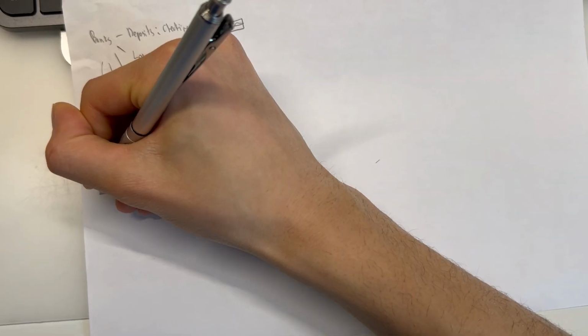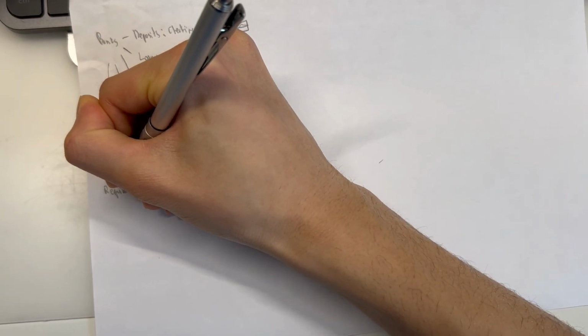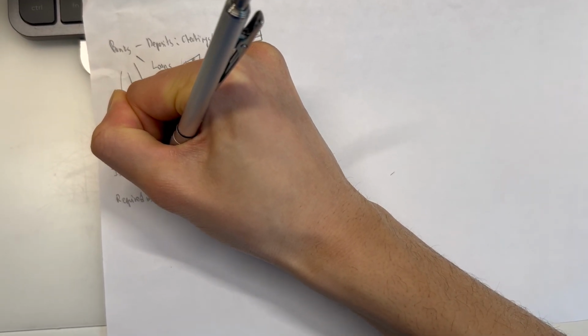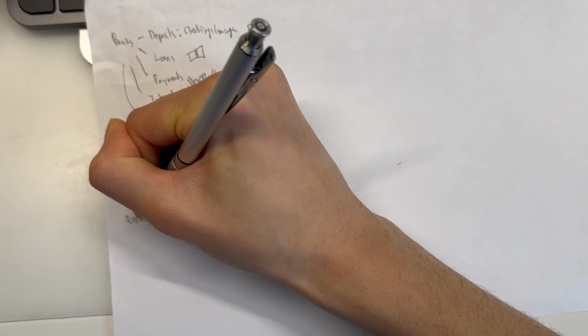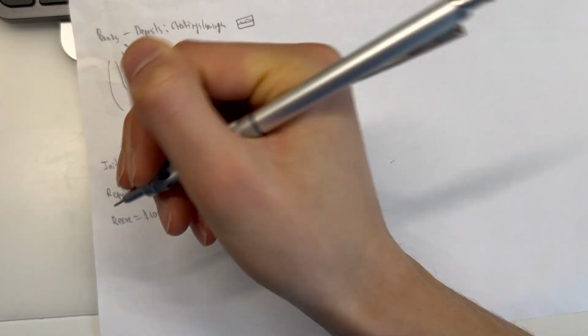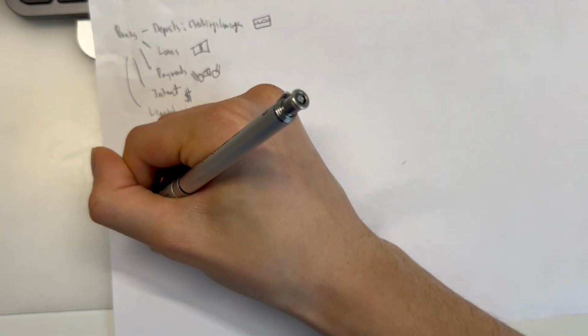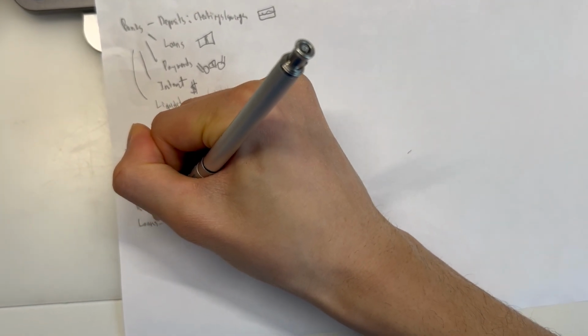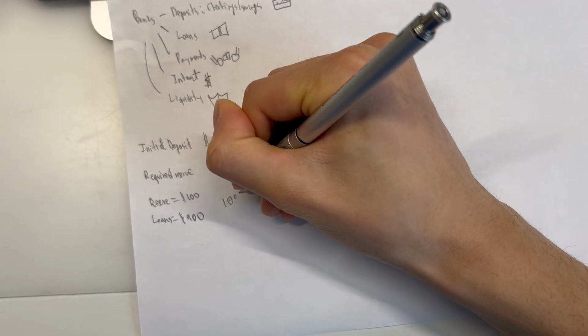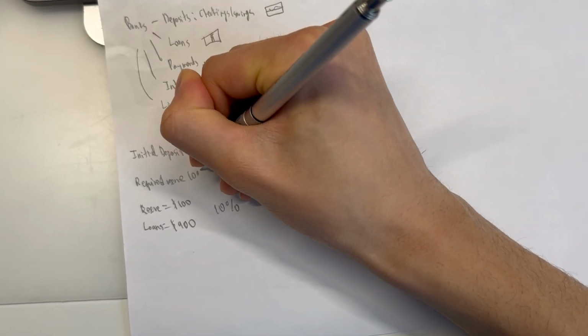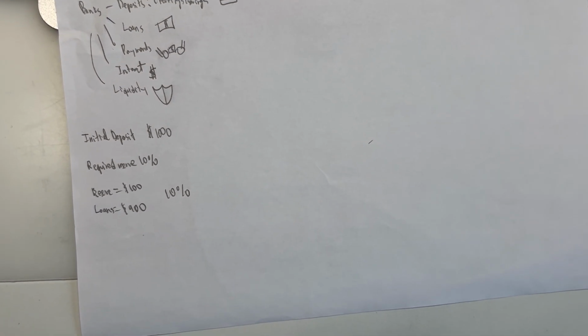So the required reserve will be $100, and the loans are going to be the rest, $900.